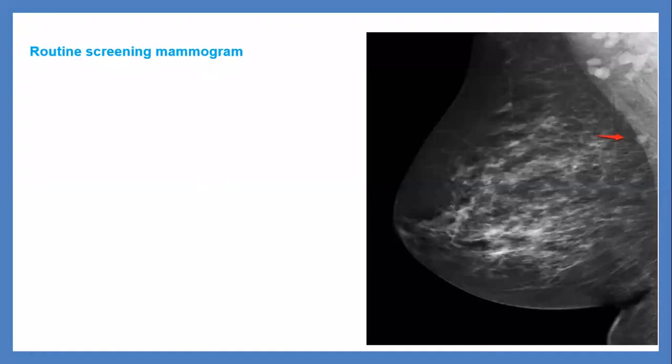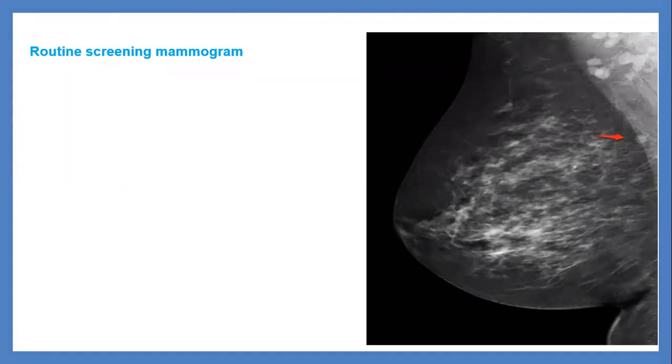Again, describe it again. This is mediolateral oblique view of the right breast showing well-defined circumscribed equal density mass at the posterior part. It's the same well-defined and circumscribed, but now we say, using the new descriptor, circumscribed. Yes, the circumscribed equal density mass at the posterior part of the breast near the pectoralis major muscle.